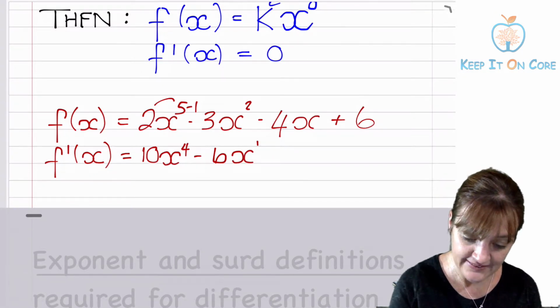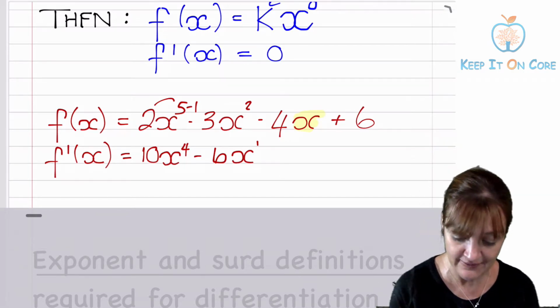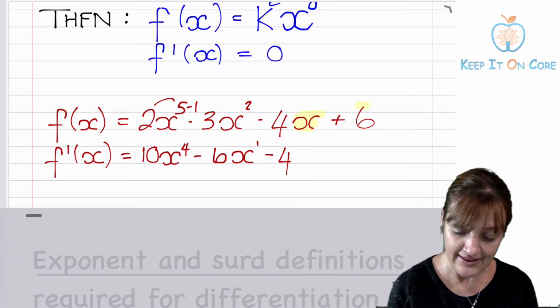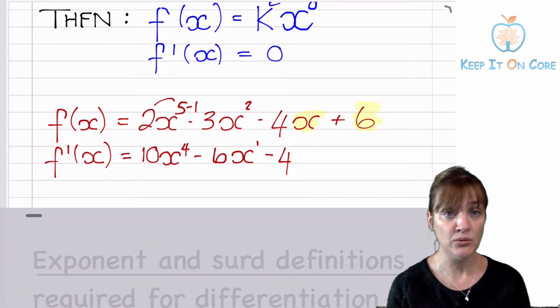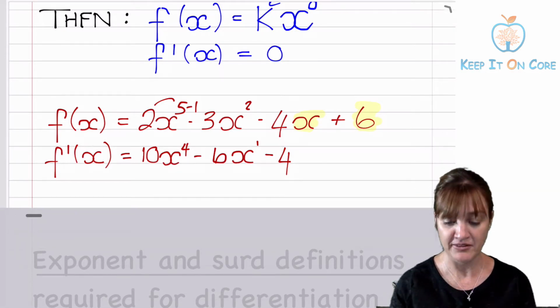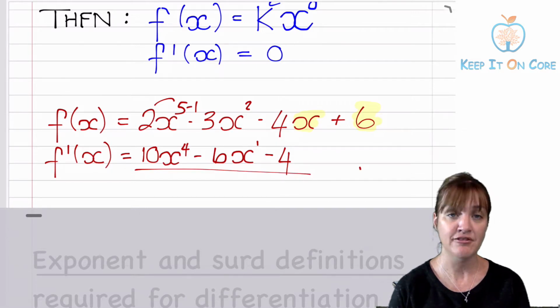Here x is just on its own. Remember, law 2 said that if it's just an x, the x falls away and you're left with just the coefficient. And here we've got a constant term. That's law 3, which says if there's a constant term, it falls away. So there we go. That then is the derivative of that f of x function.